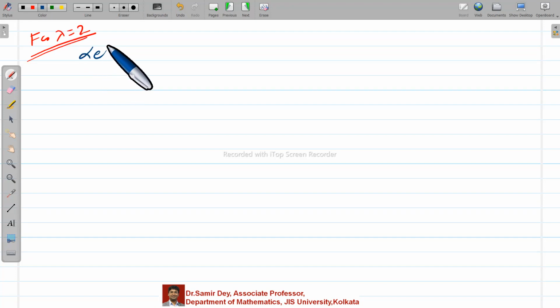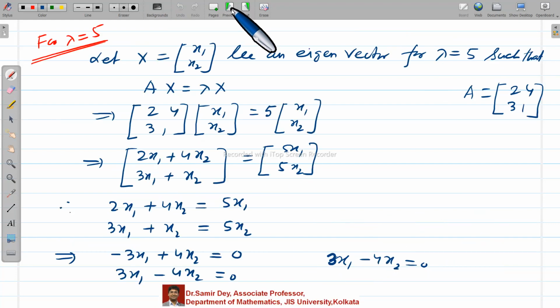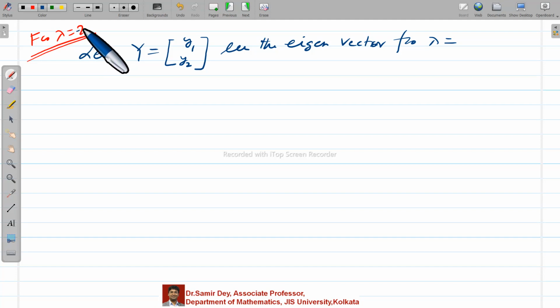So please write down, let capital Y equal y1, y2 be the eigenvector for lambda is equal to, oh sorry, minus 2, such that AY is equal to lambda Y.